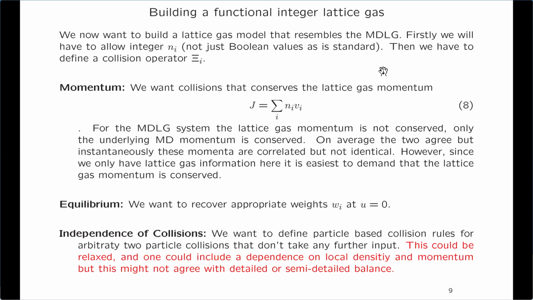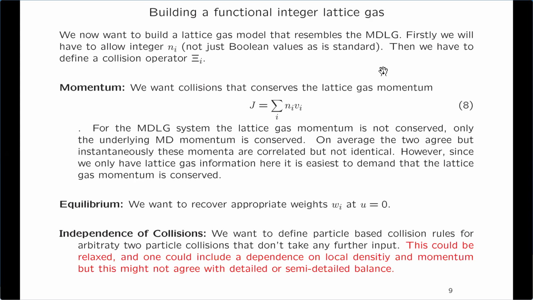It will be a rest particle because it sits in the cell, and then it will jump, it'll have a velocity of 1, then it will be a rest particle again. So one particle cannot conserve momentum, but you can show that if you do the average of it, it will be rigorously correct. But instantaneously, it's not. But it's hard to keep track of momentum, so we're going to demand for our model that it conserve momentum.